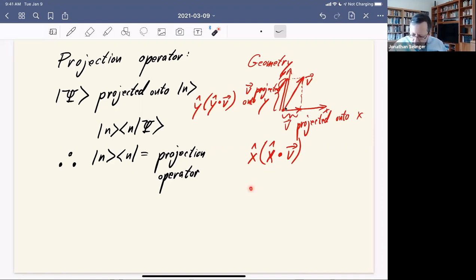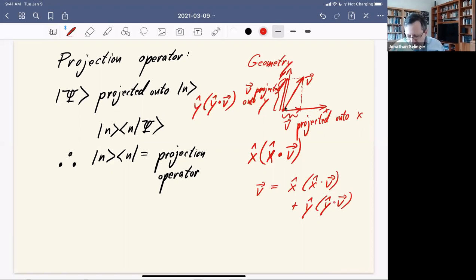So in vector notation, we could write V equals x hat dot V plus y hat dot V. The sum of all the projections gives you back the original vector.